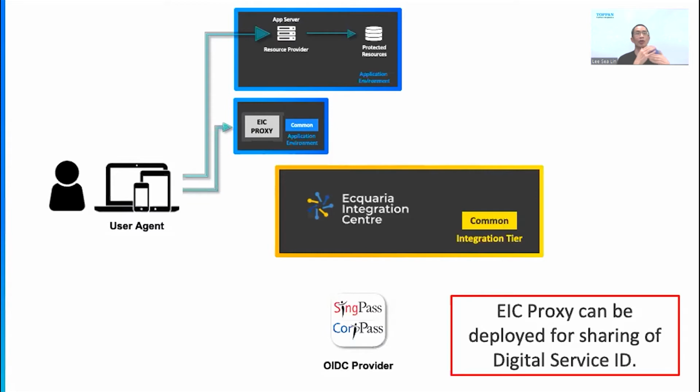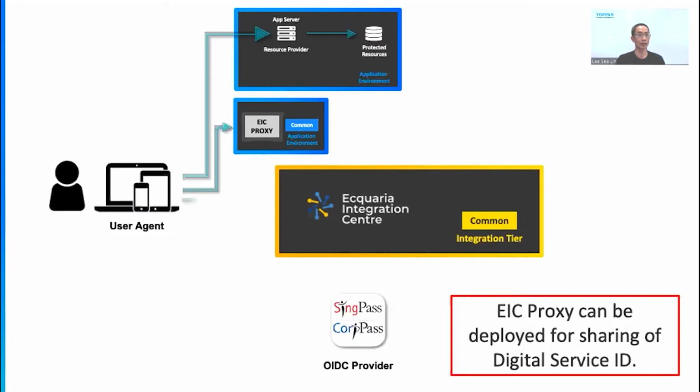So EIC proxy will note down which is the application that is redirecting to it. Although there may be 3 or more applications redirecting to EIC proxy with the same digital service ID, the EIC proxy will note down which application has called it. So when it redirects back, it knows which application has called it. So this is how the EIC will handle multiple applications with the same digital service ID.